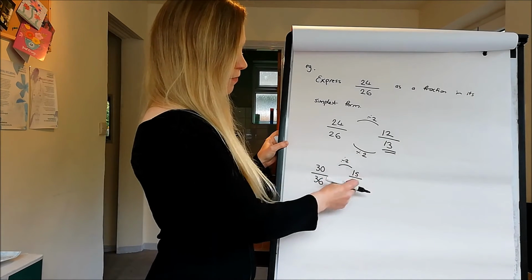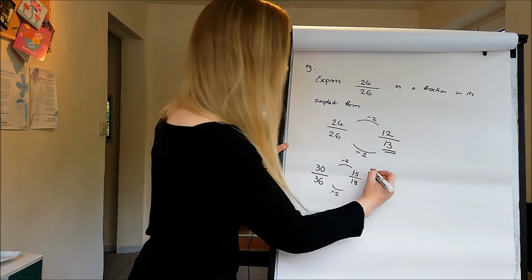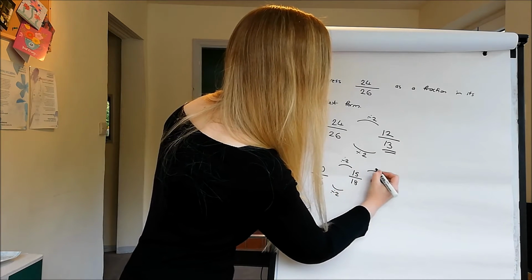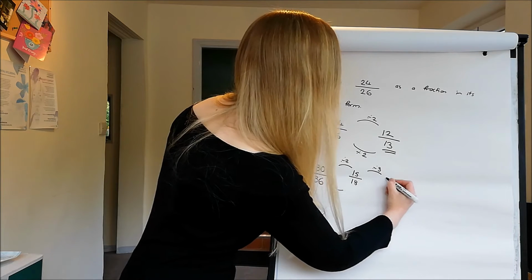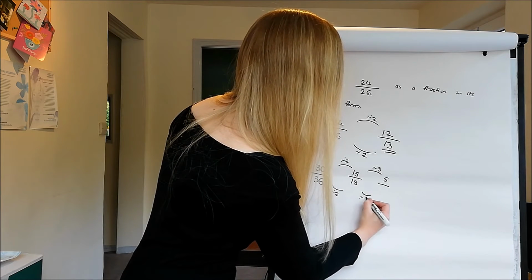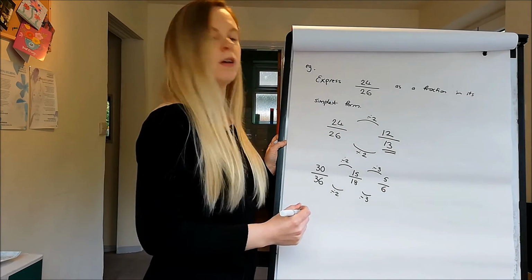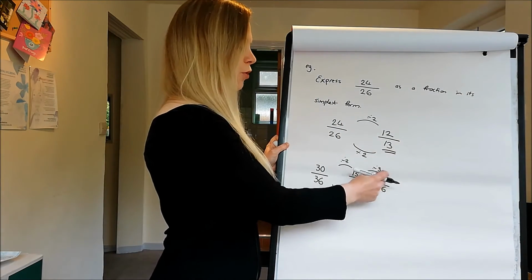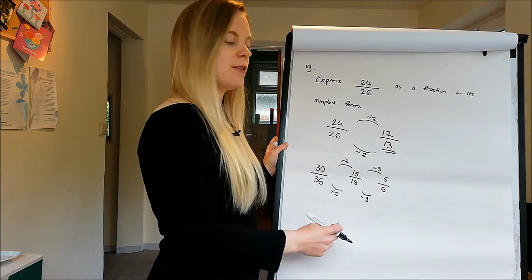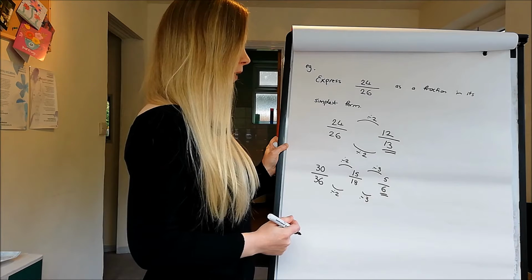But this time there is a number that goes into both 15 and 18, and that number is 3. So I can divide the top one by 3 to give 5, and I can divide the bottom one by 3 to give 6. And at that point there's no other number that will go into both 5 and 6. So the fraction is in its simplest form.